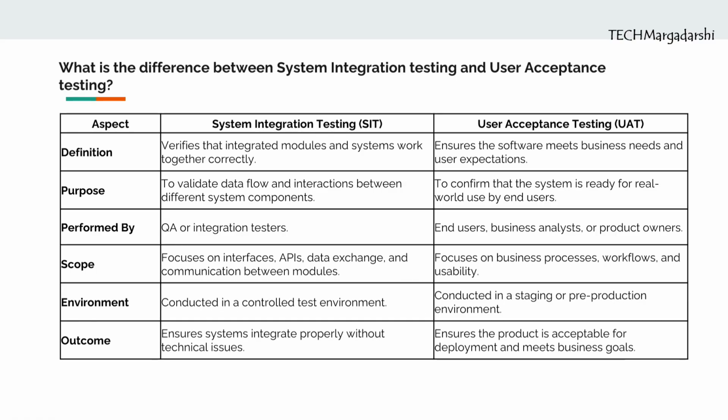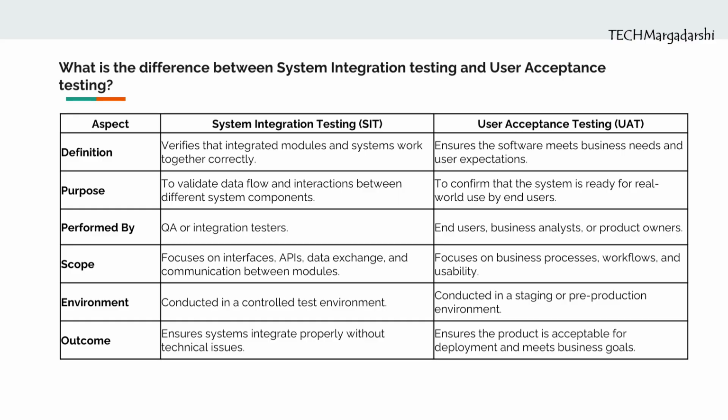Now, the next question. What is the difference between system integration testing and user acceptance testing? System integration testing, or SIT, is all about checking how different modules or systems interact with each other. Here, testers verify data flow, communication between APIs, and integration points to ensure the system works as a complete unit. On the other hand, user acceptance testing, or UAT, is the final testing phase before release.